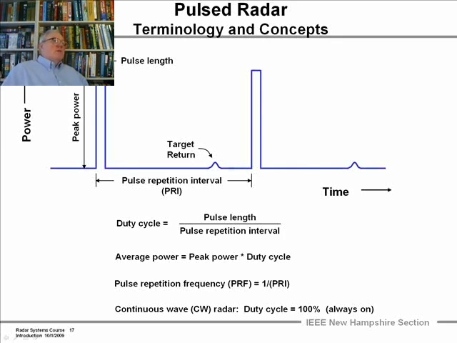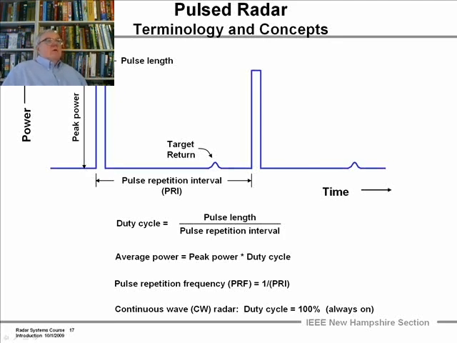The peak power is the peak power within a pulse, and I want to remind you that this is the envelope of power that is transmitted. Within this pulse width is a complex sine wave of electromagnetic energy, oscillating up and down at some frequency.